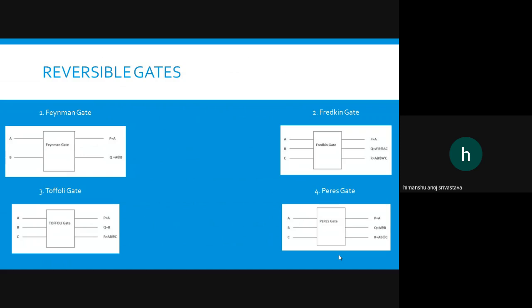The Fredkin gate is used to implement the multiplexer, and the Toffoli gate is used for designing multipliers. The Peres gate is used to realize various Boolean functions such as AND and OR gates.